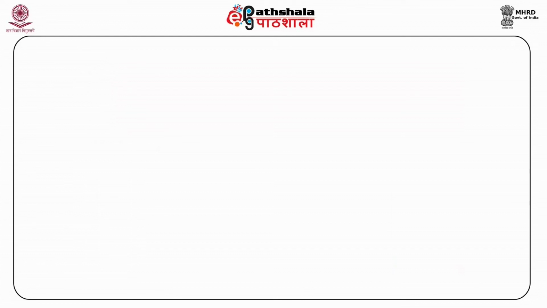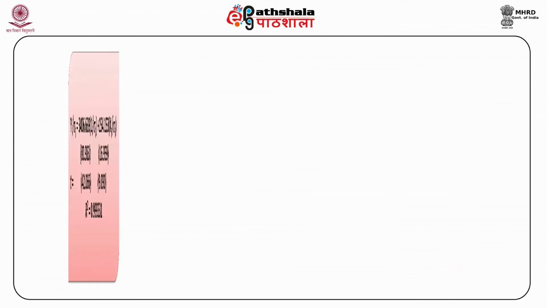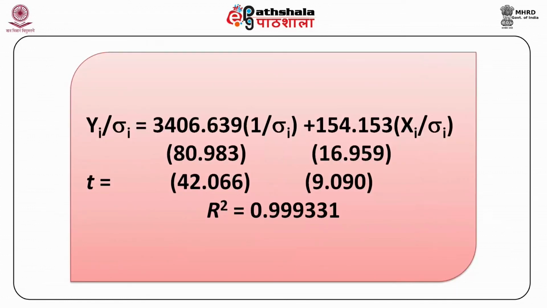Using any software package, we can easily run the WLS regression using sigma i as the weight. The WLS regression with sigma i as the weight will make the estimators BLUE and remove heteroscedasticity. But this method is not free from limitations.